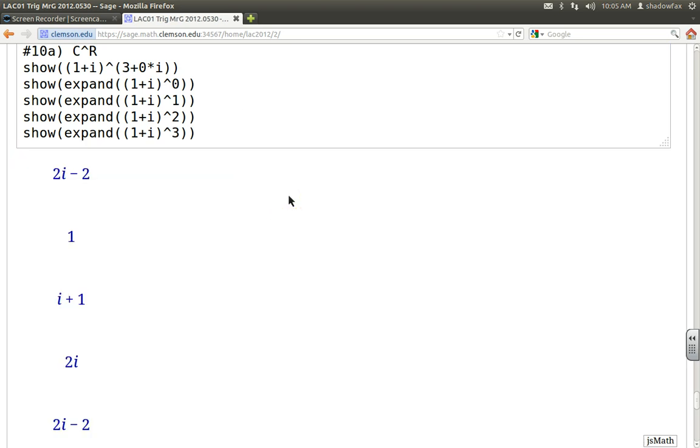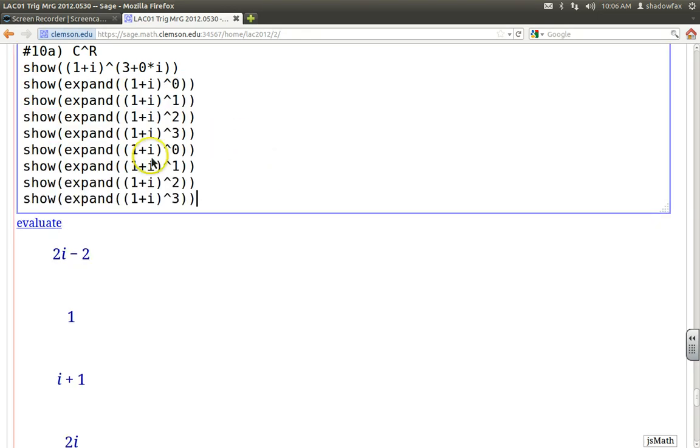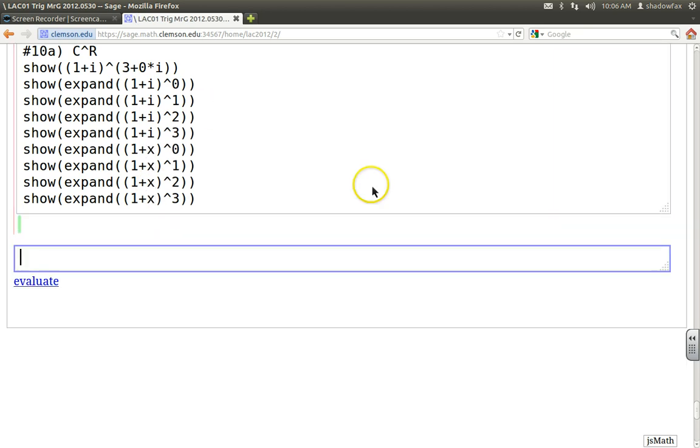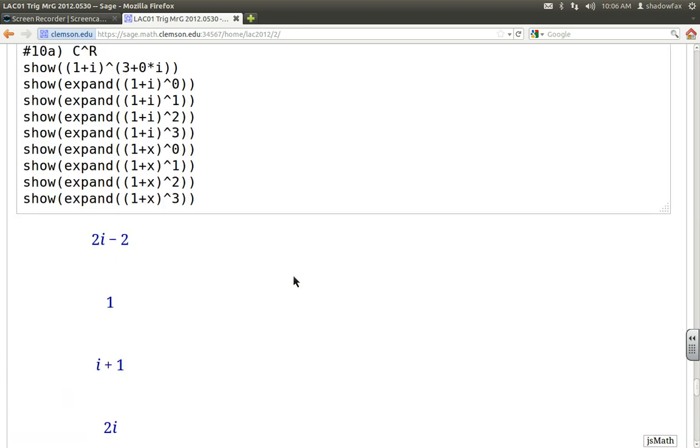Since 1 plus i cubed is 1 plus i times 1 plus i times 1 plus i, that's FOIL, or the binomial expansion theorem. Do you remember the binomial expansion theorem? So 1 plus i cubed by the binomial expansion theorem gives negative 2 plus 2i.